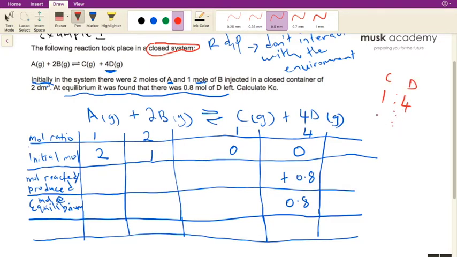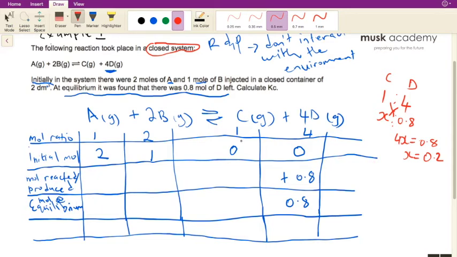So if 0.8 moles of D were formed, what would be the moles of C that were formed? We can find that. So we do the cross multiplication and we have 4x is equal to 0.8 times 1, which is 0.8, and then x is equal to 0.8 divided by 4, which is 0.2.